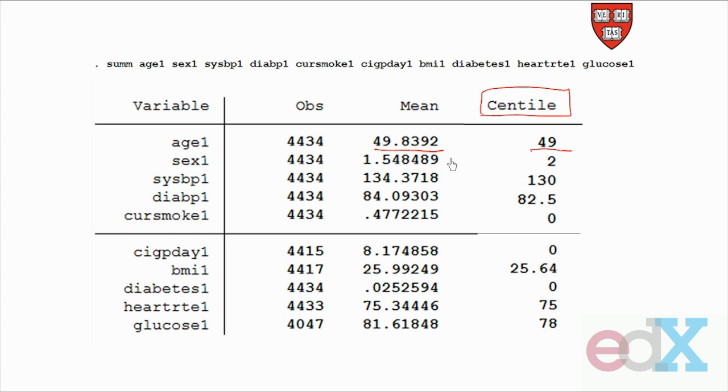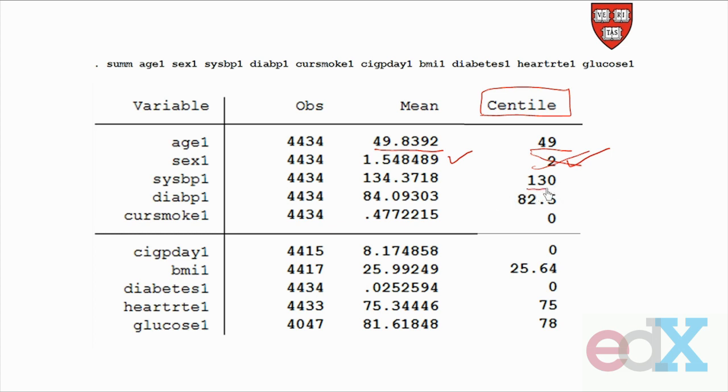Sex, now remember this was a 0, 1 variable. Well, look at what happens to a 0, 1 variable with the median. It just tells you which of the values, in this case 1 or 2, is more popular. And we said that the value 2 was 54%. So the median is not as informative, not as nuanced as the mean is in the case of dichotomous variables.